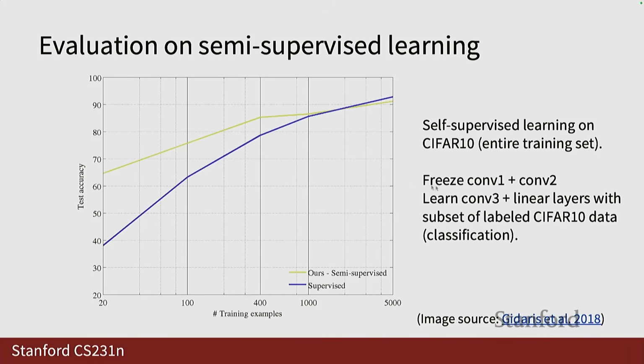Actually, in this case, they froze the first and second layers, and then fine-tuned the last convolution layer and the linear layer. So it's not entirely fine-tuning the entire network, but they were able to get very good results.